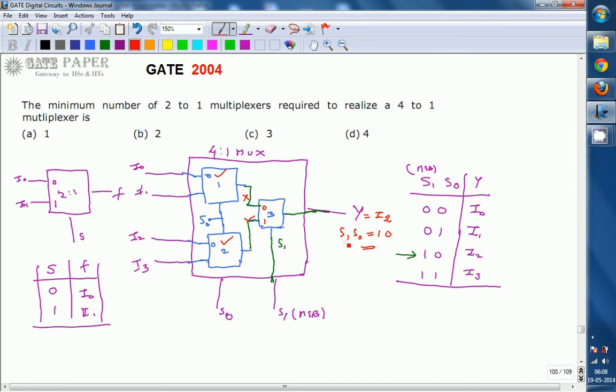So like this, the operation can be done for a 4 to 1 multiplexer by using three 2 to 1 multiplexers.